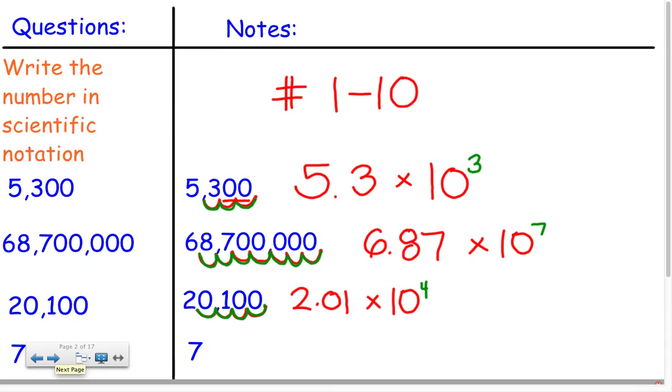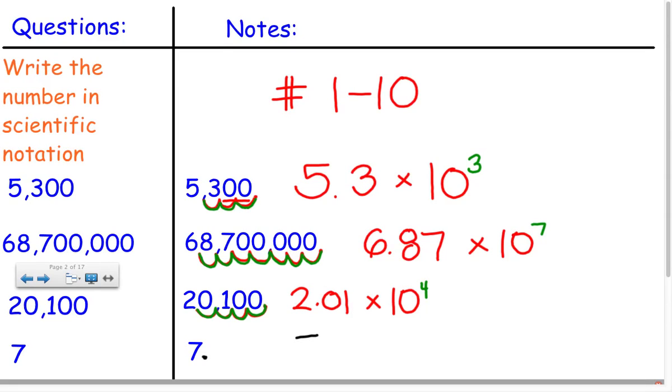And the last one is just the number 7. Now you think, wait, why would I write the number 7 in scientific notation? It's a fairly small number. Yes, but we are still going to practice writing even that kind of number in scientific notation. Now the number 7 has the decimal at the end. We also know 7 is between 1 and 10.